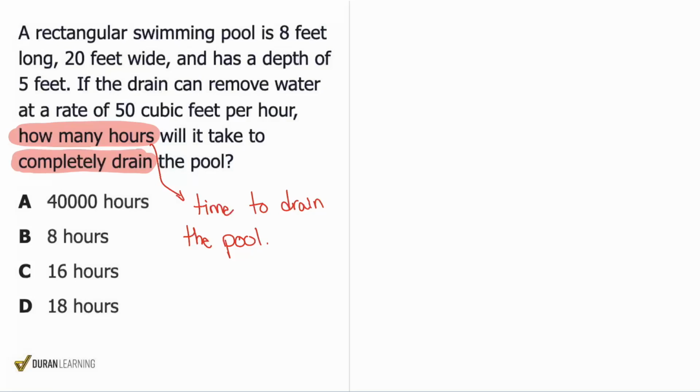We're talking about a pool, so let's go ahead and draw this up just like that. And then I'll duplicate this over there. Let's give the illusion that I can actually draw. And then we have our depth.